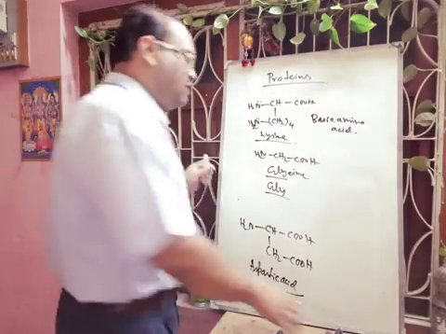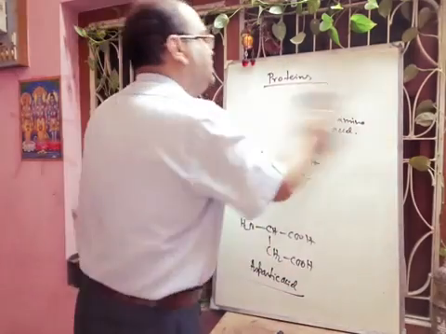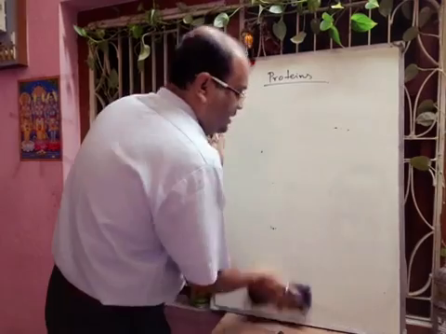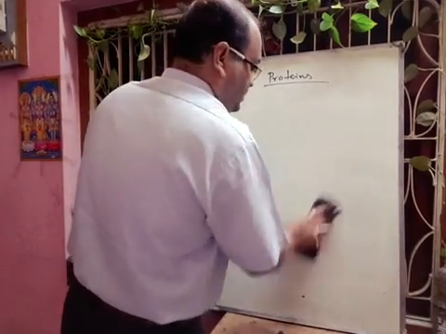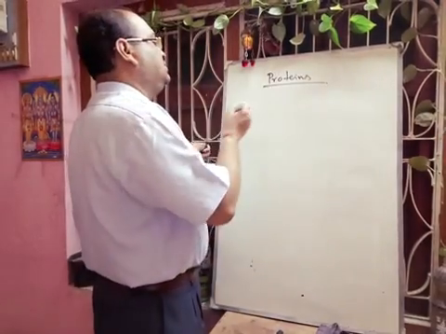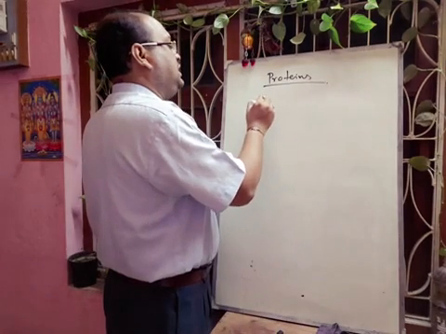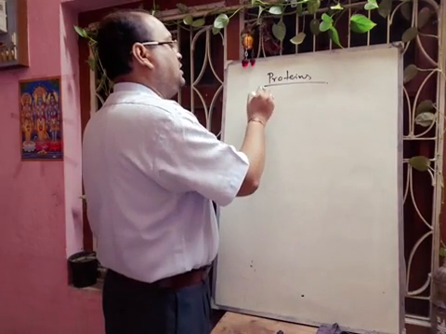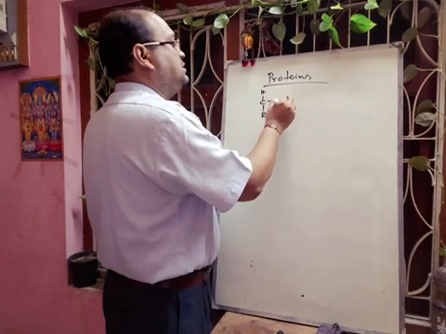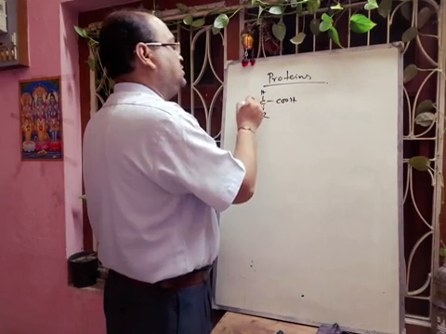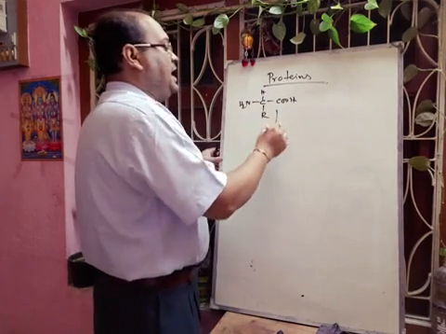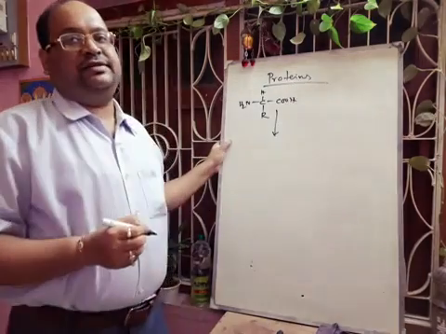If I draw one structure, then you can easily understand. So we are thinking about the neutral amino acids. So this one is R, CH, COOH, NH2. Now in aqueous solution, what is happening here?